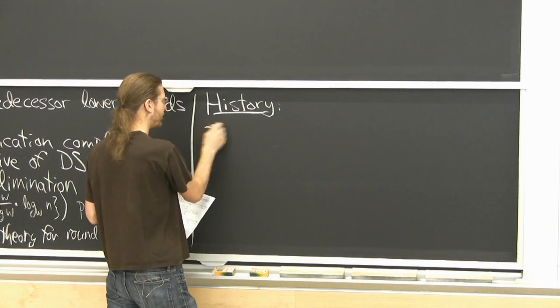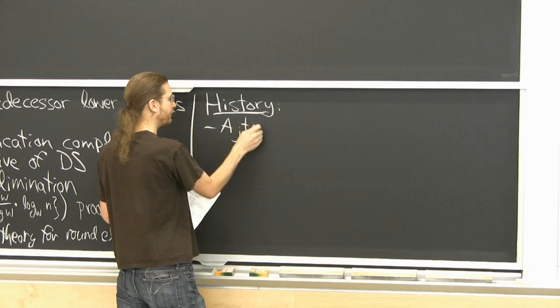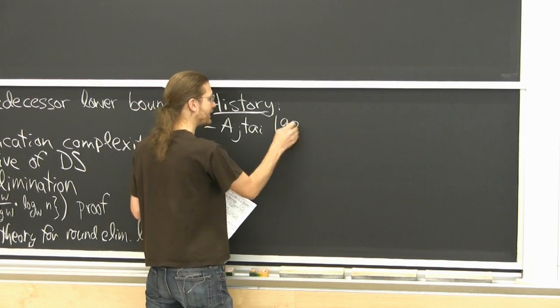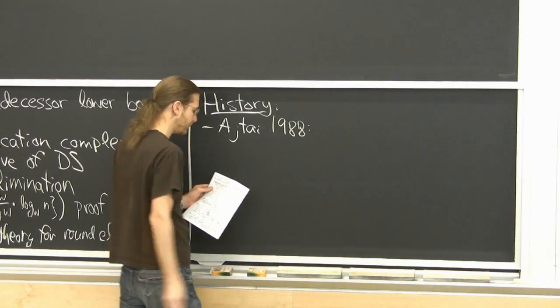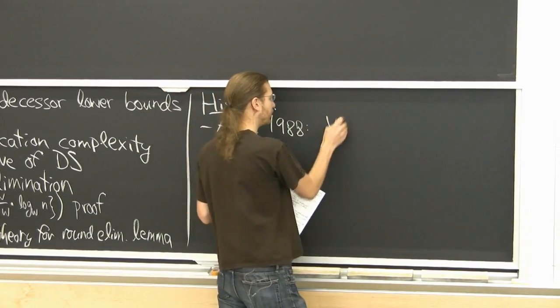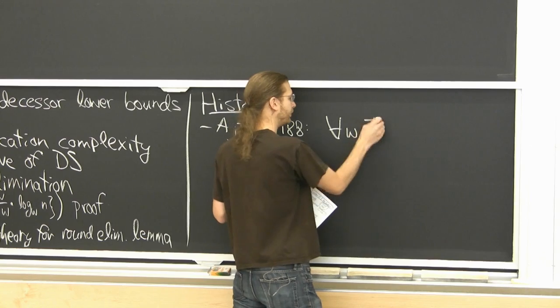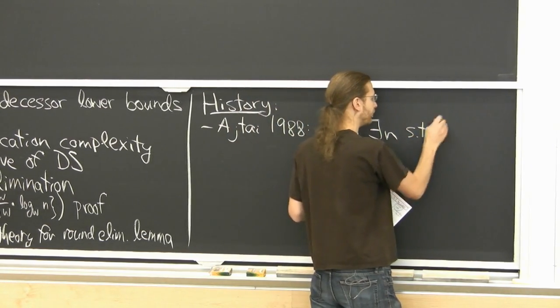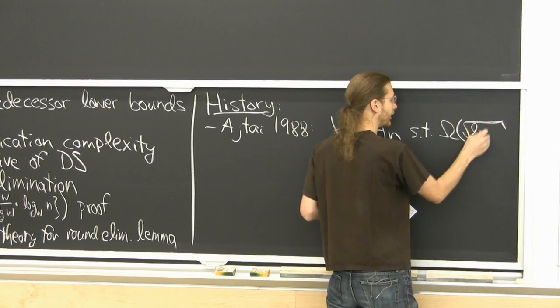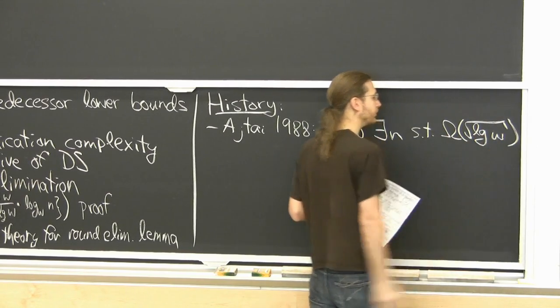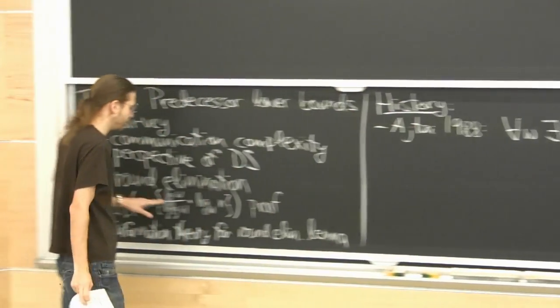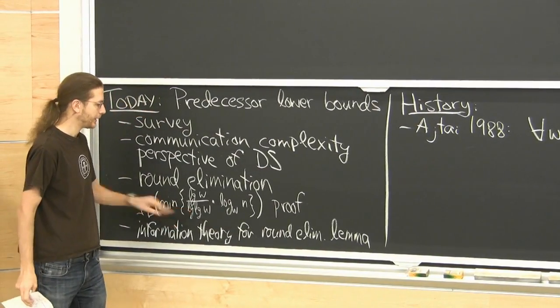So the first lower bound for the predecessor problem was by Itai in 1988. And he proved that for every word size, there's a problem size such that there's an omega square root log w lower bound. Okay, you can compare that with this one. This is log w over log w.